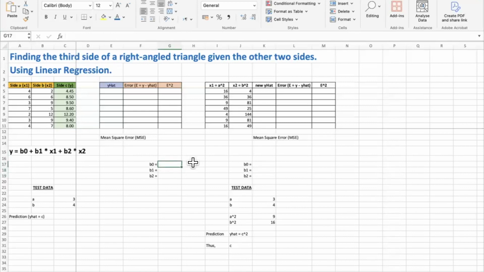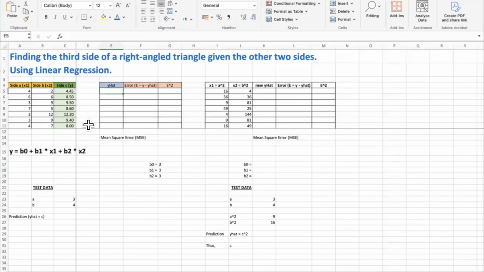So what we will do is that we will give it an initial value. Let's say we give a value of 3, 3, 3: 3 for b0, 3 for b1, and 3 for b2. And we will tell the machine, use these values and try to see what is the value of y you get. Now the predicted value of y, we will call it y hat.